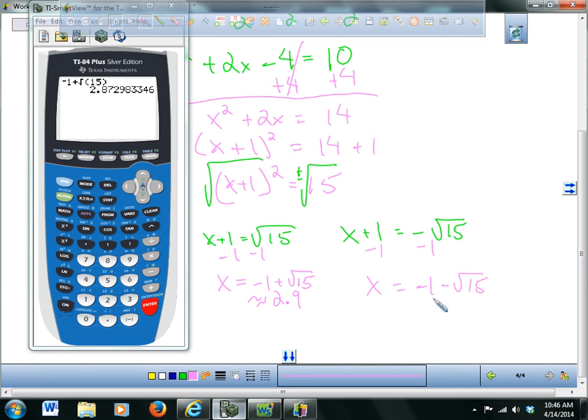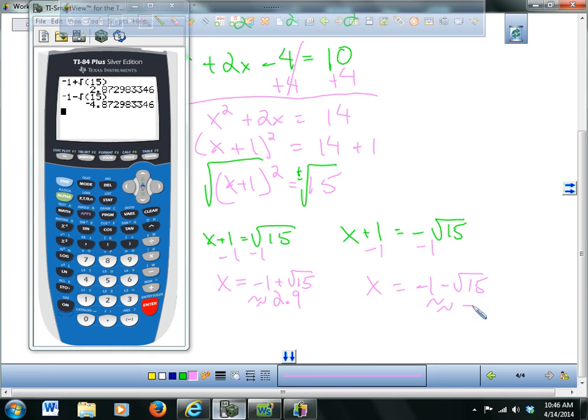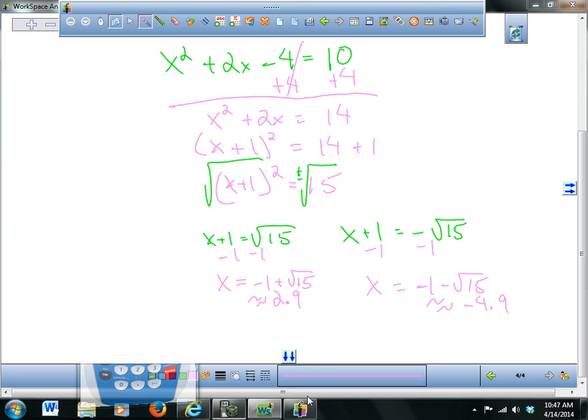And this answer would give you negative 1 minus the square root. Whoops, I hit square. Minus the square root of 15. Okay? And that one gives you about negative 4.9, if you're rounding off to the nearest tenth. So those are your two answers. That would also be where that parabola crosses the x-axis. And that's it. Okay?